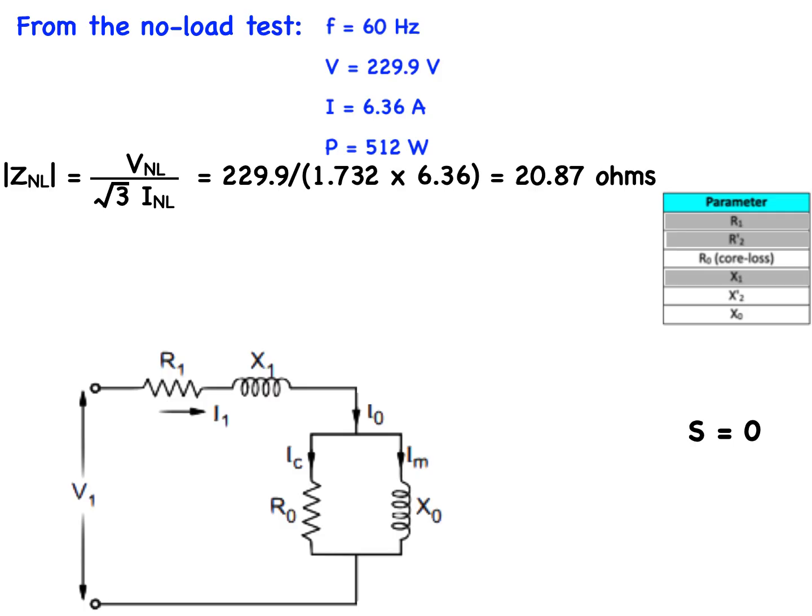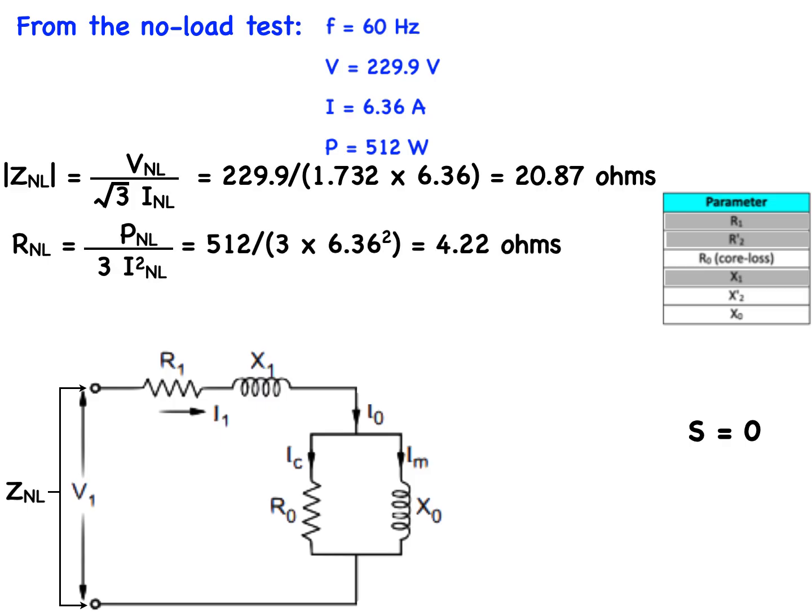The real power input divided by 3 times the no-load current gives us the per-phase resistance, RNL, representing core loss and mechanical loss.